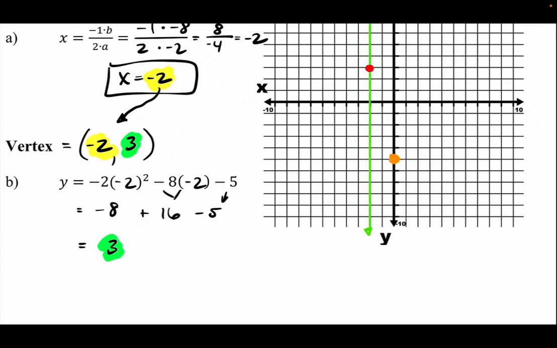So you notice how this one, the vertex and the y-intercept are far apart. They've always been close, but now they're far apart. We'll talk about why in a second. Reflect away. This is 2 away from the green line, so 2 away from the green line, I got to have another dot.